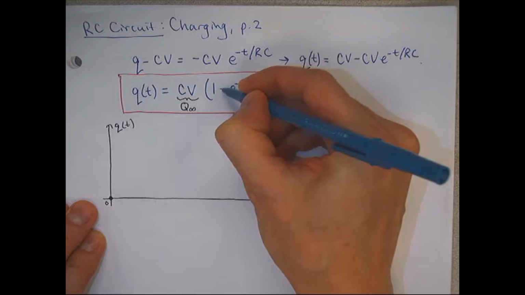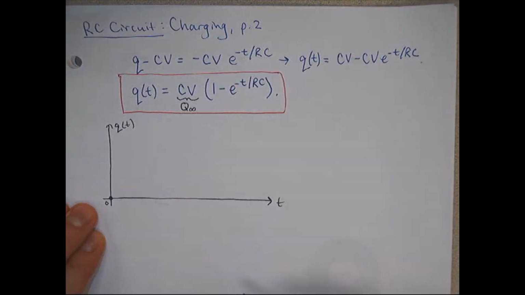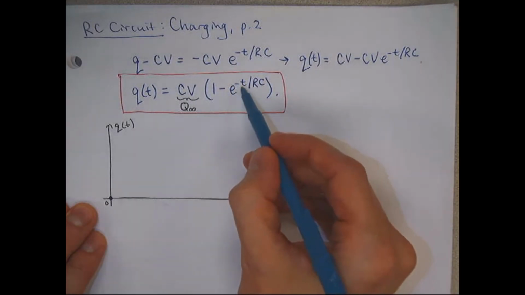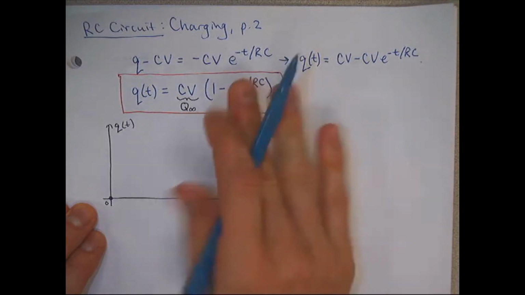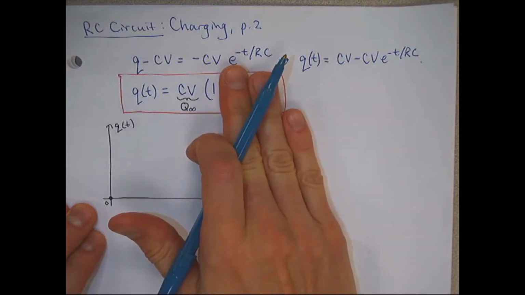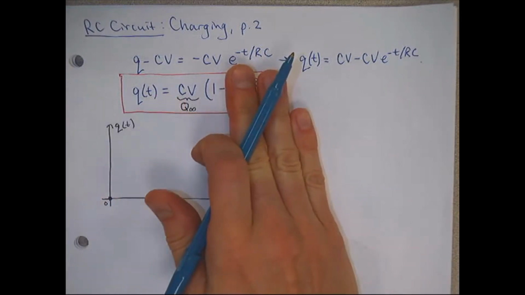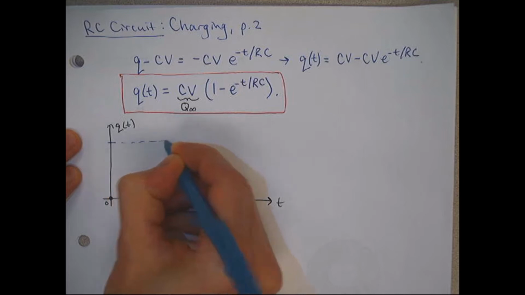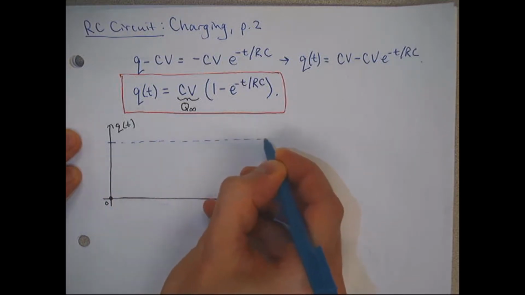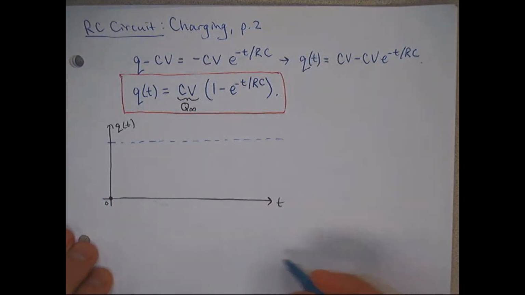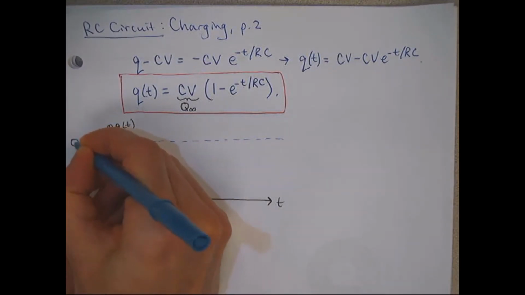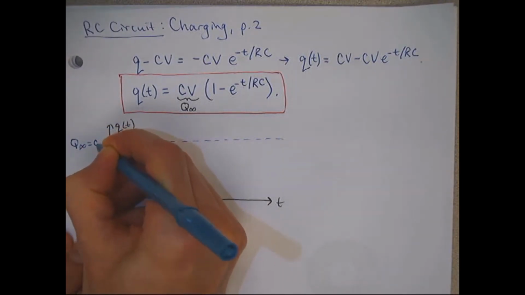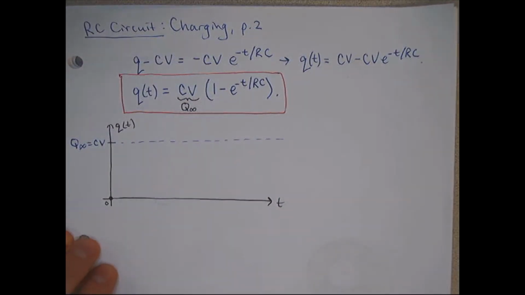Yes, it is, so 1 minus 1 is 0. We're good there. How about an infinite amount of time later? e to the minus infinity is 0. If you ignore this part, then you get the Q infinity, which is the sort of final or asymptotic charge on the capacitor. So that value, Q infinity, is, again, capacitance times the battery voltage.